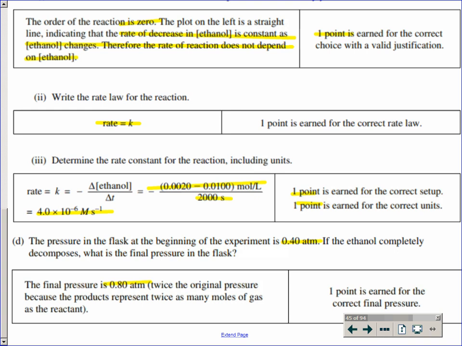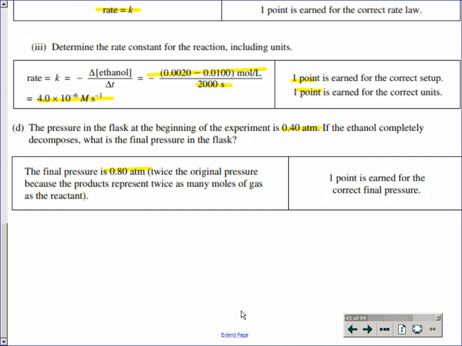So you got 1 point for setup, because obviously you do have to do a little bit of math for the slope, which was the concentration final minus the concentration initial, and then the elapsed time was 2,000 seconds minus 0 seconds, which gave you an overall 2,000 second change. So that was 2 points. And if you can't read that, that's 4.0 times 10 to the negative 6, and meters per molarity per second.